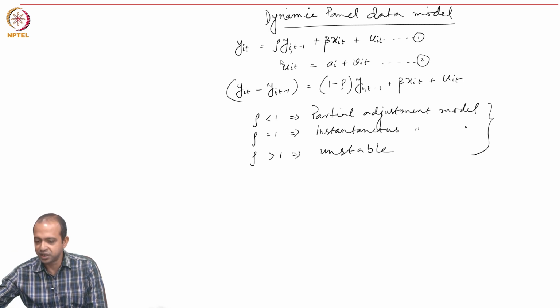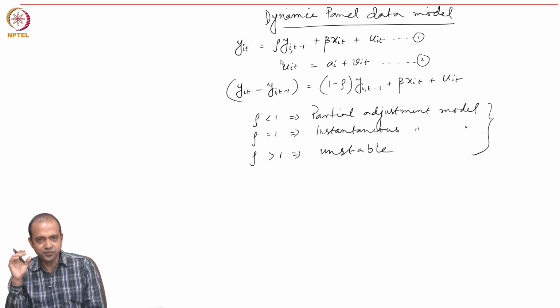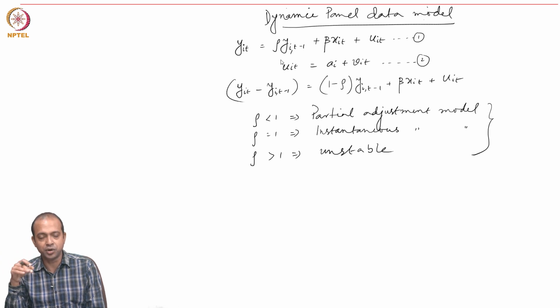There might be many such cases. So, we need to carefully justify our need for a dynamic panel data model. Just because we have some data and we know the code to estimate it in the statistical software, we should not use it when it is not required. We need to carefully understand the situation and justify.